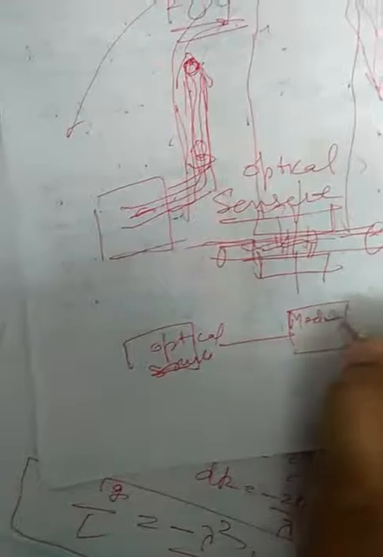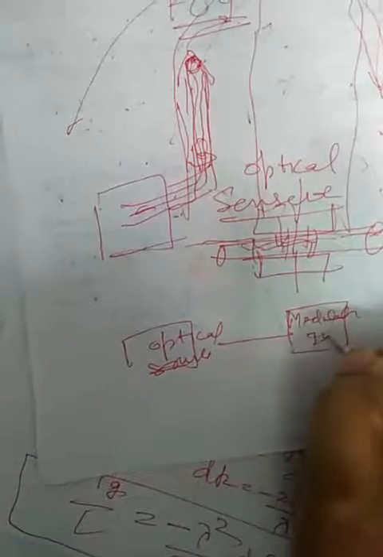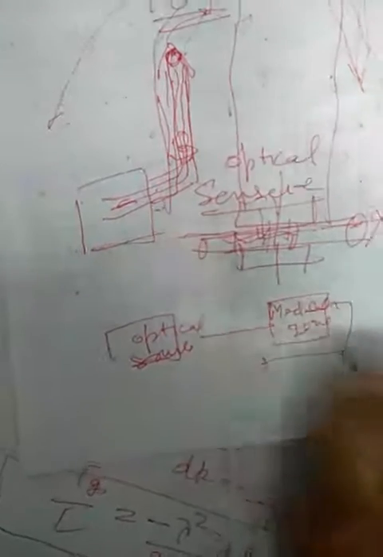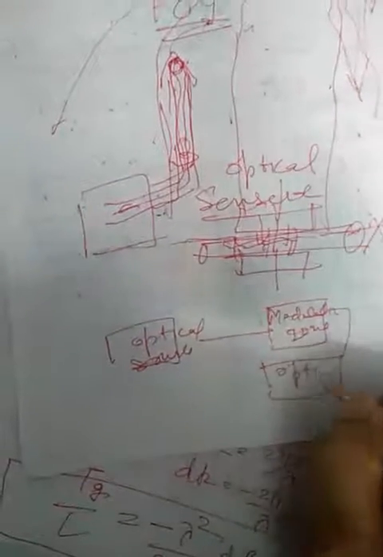Similarly, the sensors could be of two types. Basically, the circuit diagram of a sensor is like: optical source, modulation zone, and then optical detection.